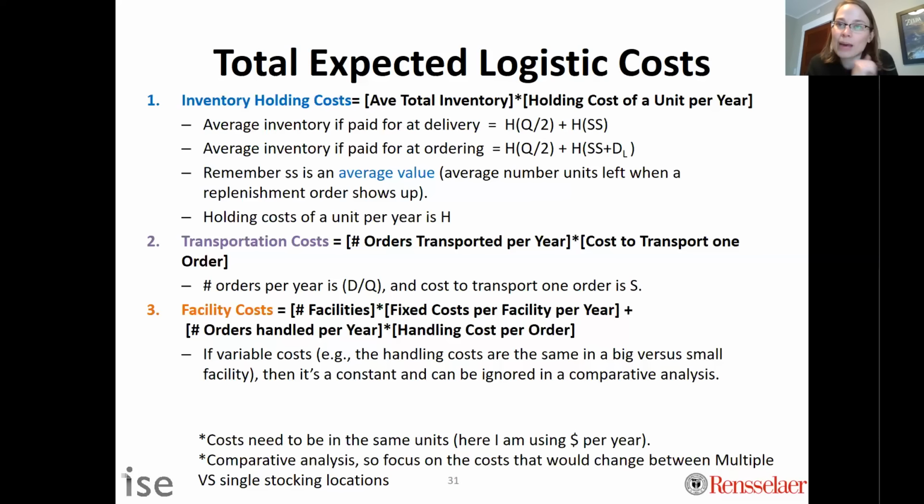An example of that may be in facility costs. For example, your handling costs may be the same, and so you don't need to consider the variable part of that equation. And we'll see that with other of these costs as well. One thing to emphasize is we really want to understand what is changing between these two, and then evaluate that in a comparative analysis.